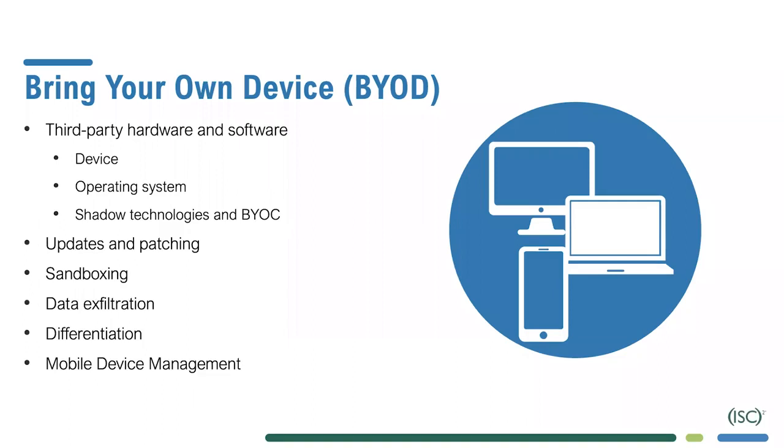And we try to keep our data separate from the personal data. We create a sandbox. Any corporate data goes into this corporate sandbox. If the employee leaves or loses the device, you can delete that portion of the device. It's not possible, it's certainly not advisable to wipe a user's personal device, but you can wipe your element, your data, your corporate data from that personal device. That's what sandboxing allows us to do.